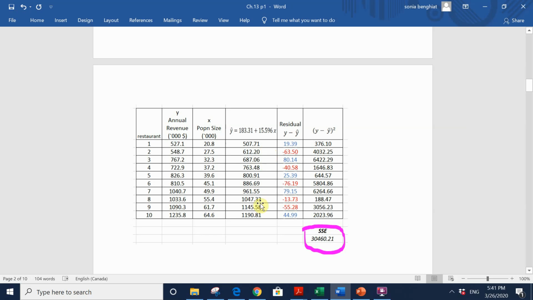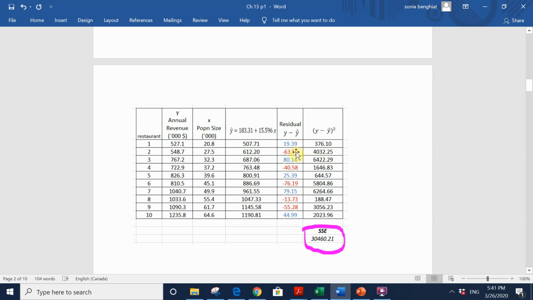Okay, so here I have now calculated my predicted or expected y's for each corresponding x value in my experimental region. As a result, I can compute my residuals for each observation. Notice how some residuals are in blue and some are in red.